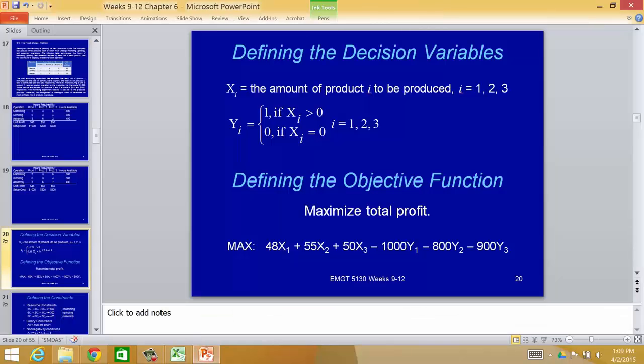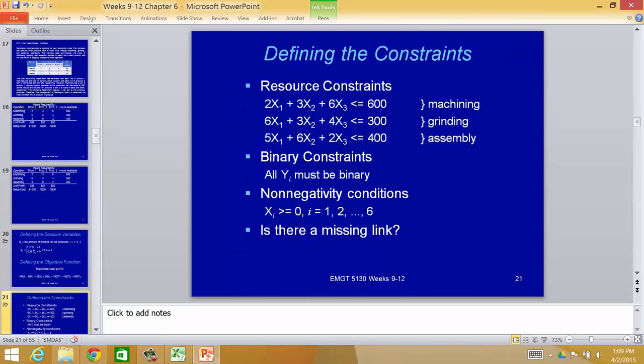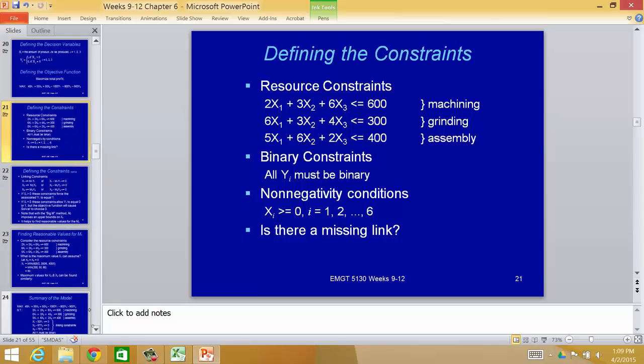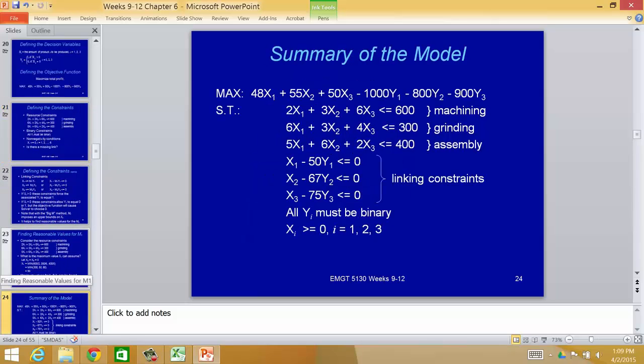Okay, so now we took care of the decision variables and objective function. Next we'll look at the constraints. First group of constraints, very easy. You can do it by yourself. It would be the resources needed for the 3 types of resources to produce 3 types of products, less than or equal to the available resources for each type.